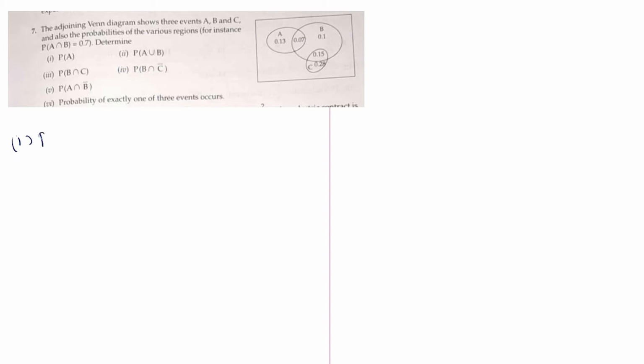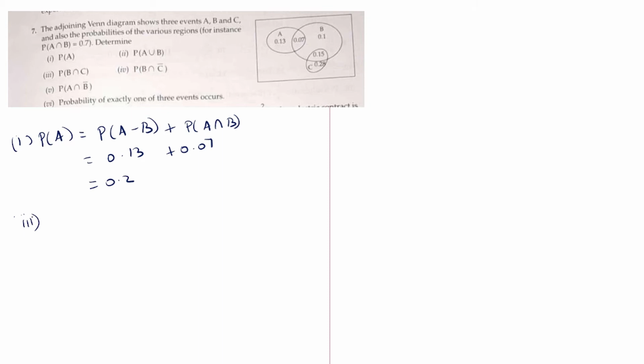The first one is P of A. So P of A will be P of A minus B plus P of A intersection B. So P of A consists of this whole diagram. So it is 0.13 plus 0.07, which is 0.2.